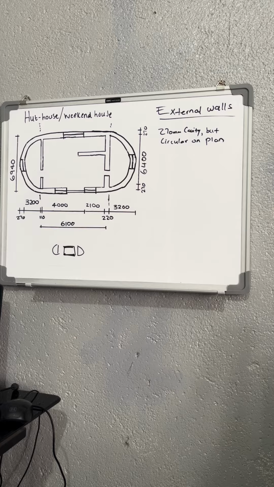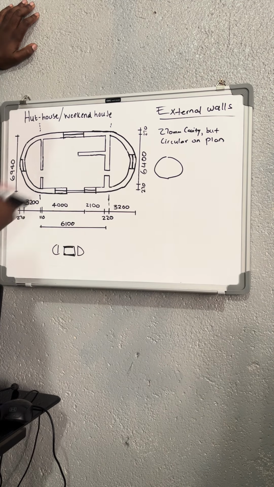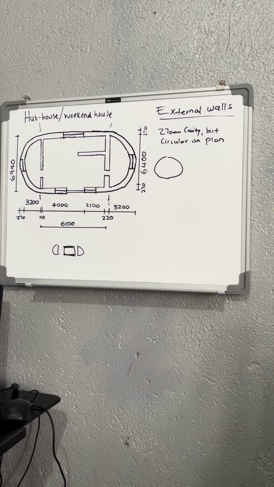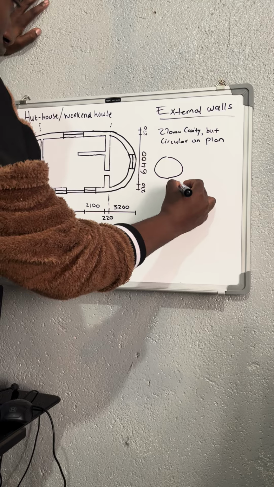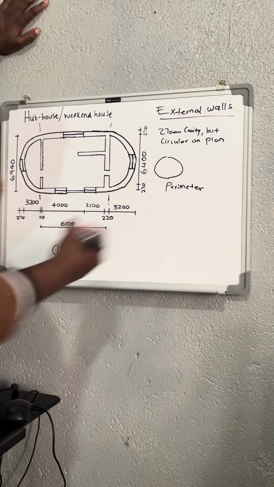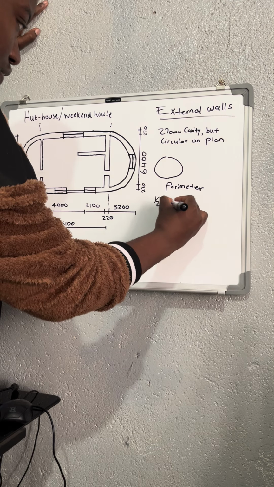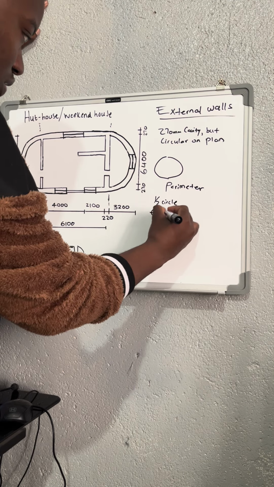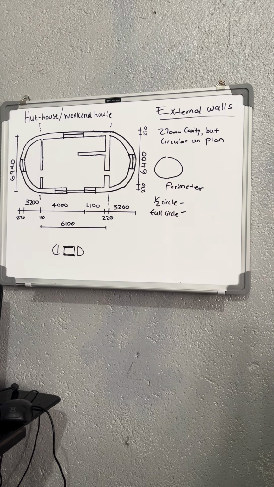So one thing that you have to note is that, okay, if we are having a wall that is curving, like this one on the other side, in order to calculate the brickwork for this one, you need to use a perimeter. So you need to know the perimeter of a half circle and the perimeter of a full circle, because now what do we have in this drawing?